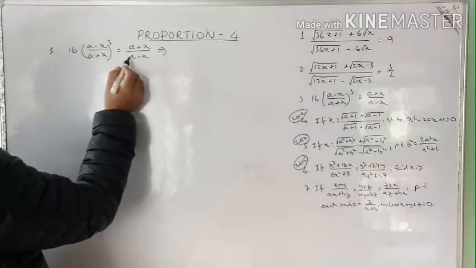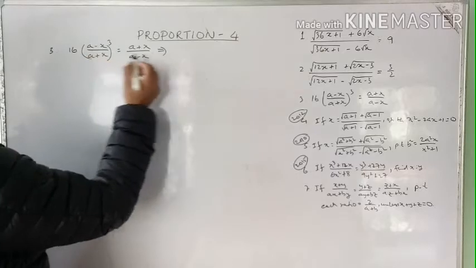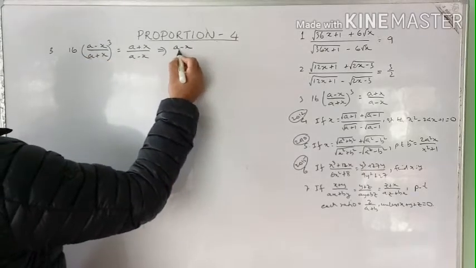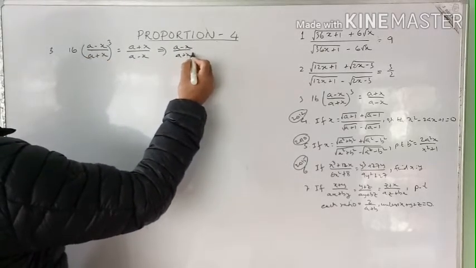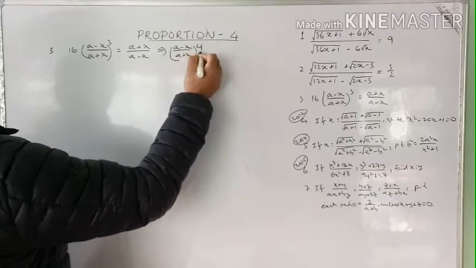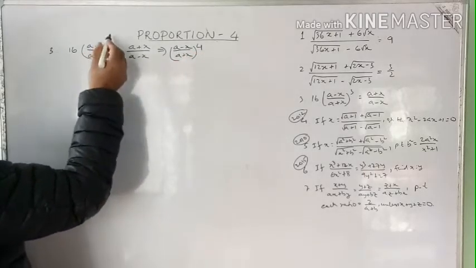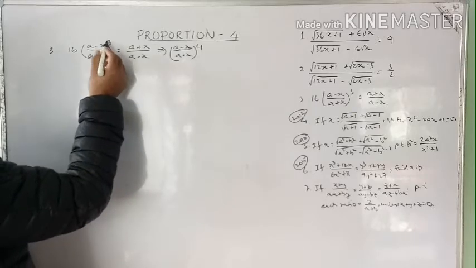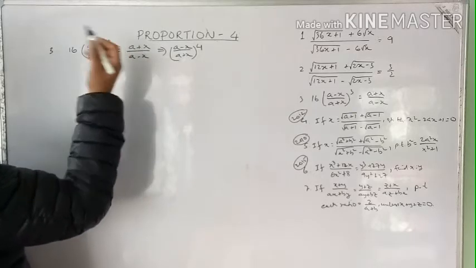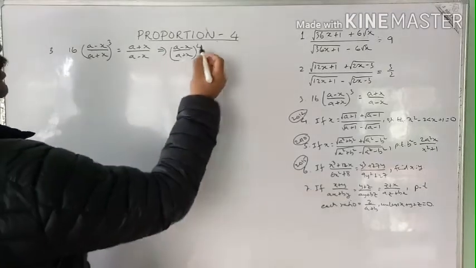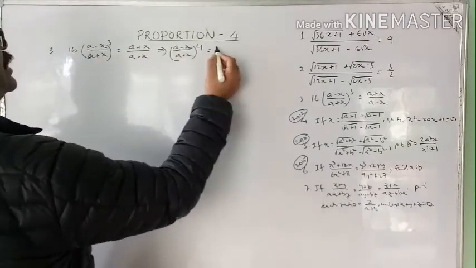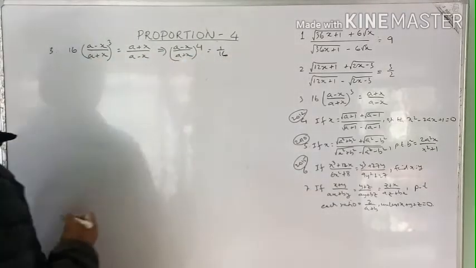So when you multiply, the a minus x will multiply here, so it becomes (a minus x by a plus x) to the power 4, because the power is already 3 here. When you multiply by a minus x, it becomes power 4. Here also a plus x whole cube is already there. When you multiply by a plus x, it becomes a plus x to the power 4, equal to 16 goes to RHS, becomes 1 by 16.